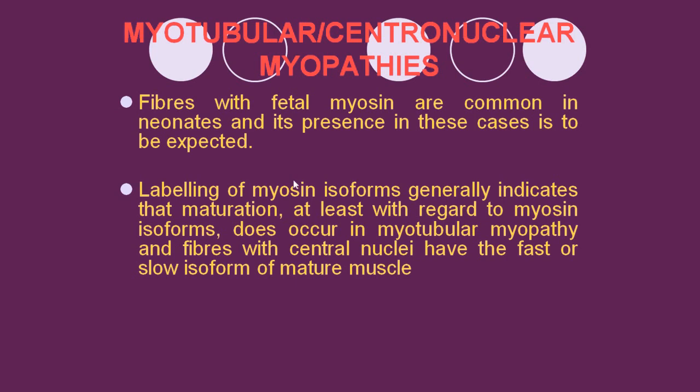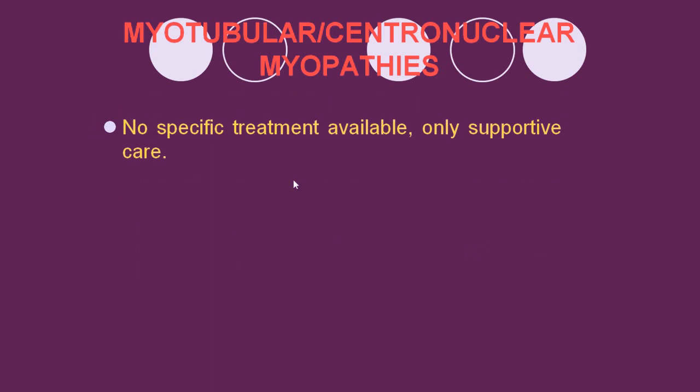Labeling of myosin isoforms generally indicates that maturation, at least with regard to myosin isoforms, does occur in myotubular myopathy, and fibers with central nuclei have the fast or slow isoform of mature muscle.